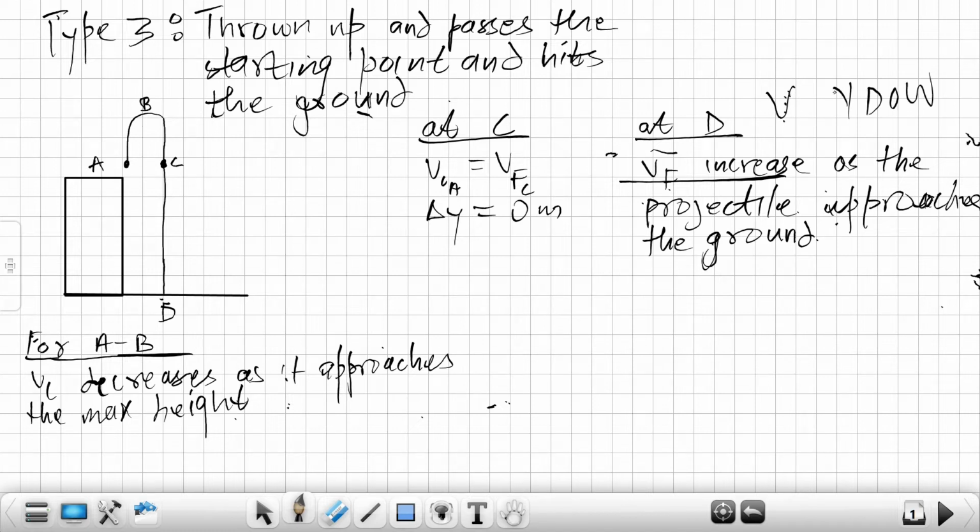This is the principle or analogy that we use. So VF increases as the object approaches the ground.